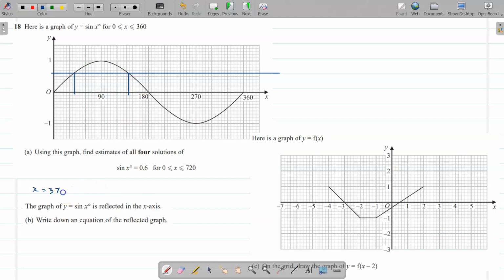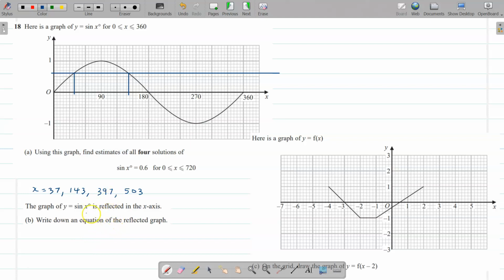So 37 and 143, but then the sine graph just repeats itself every 360 degrees. So if I add 360 to these, I'm going to get 397, and add 360 to that, I'm going to get 503. So they're my estimates for the 4 values of x.